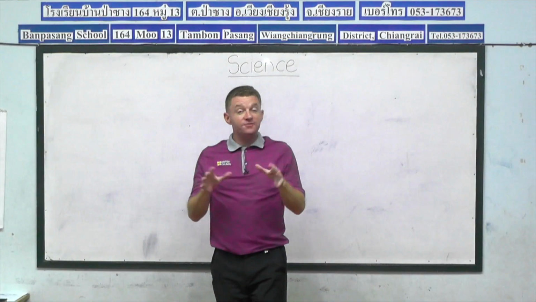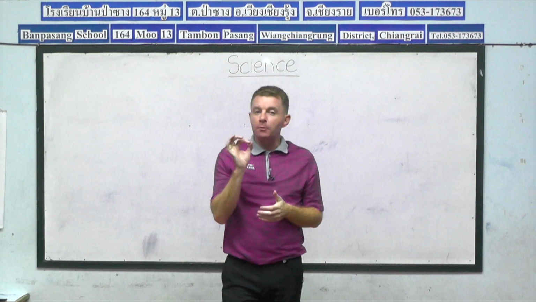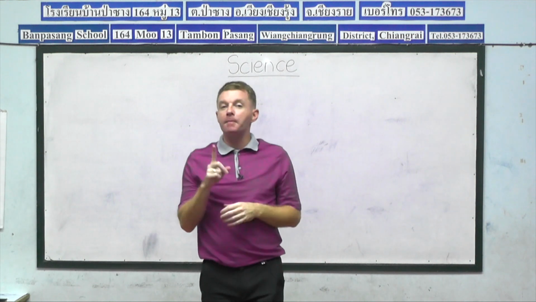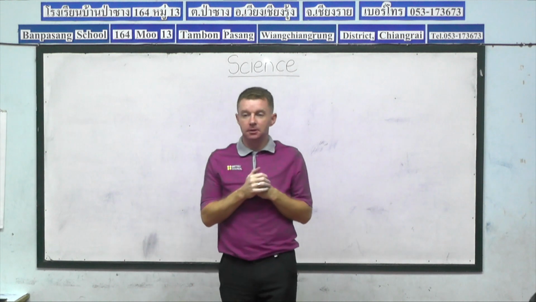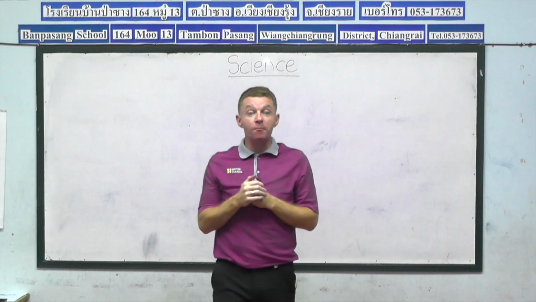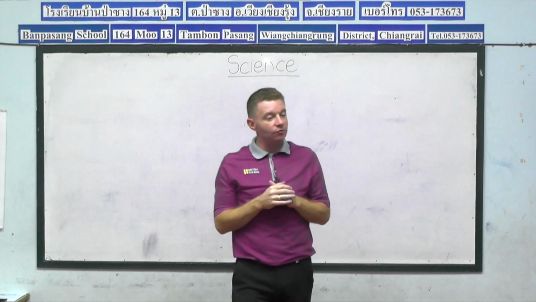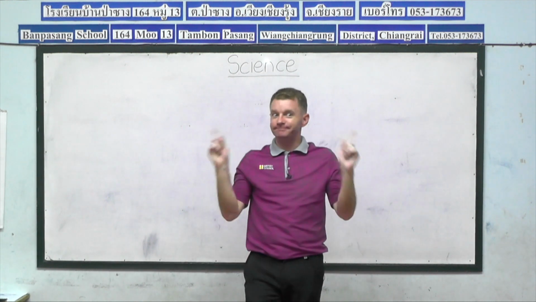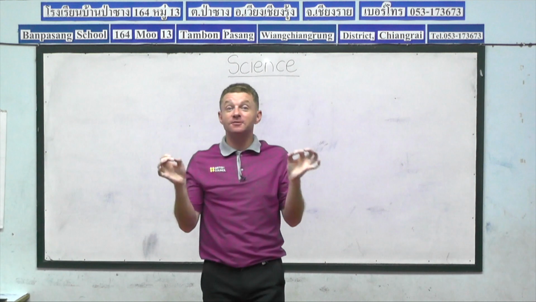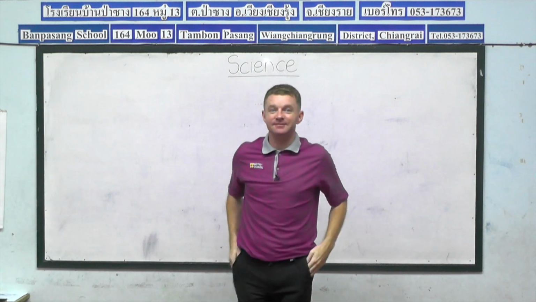So welcome to today's science lesson, where we're going to be continuing about the topic we learned about in the previous lesson. So who can remember, guys, the previous science lesson? What did we learn about? Perfect. Well done. They were the 2 key words from the last lesson.